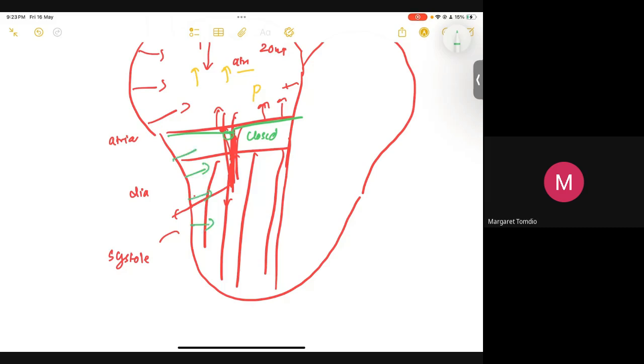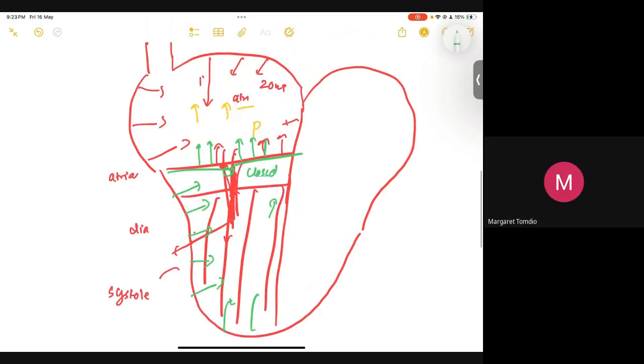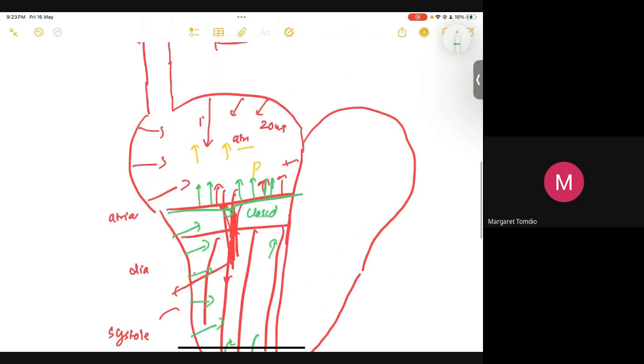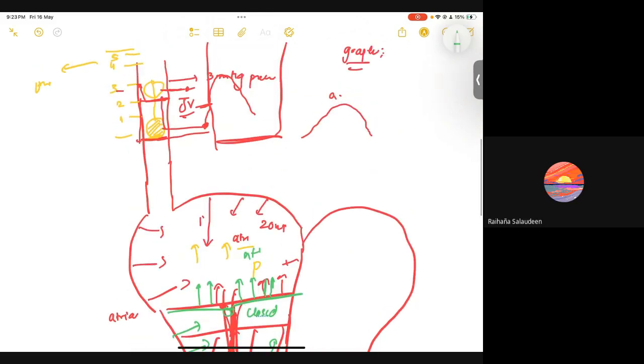As the pressure is increasing within the entire vessel, won't it push this valve a little bit up? If this valve is pushing up, won't the pressure in the atria increase? And if the pressure in the atria increases, won't this ball go a little bit up more?